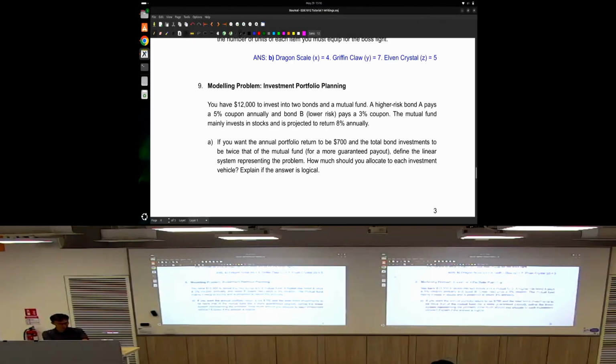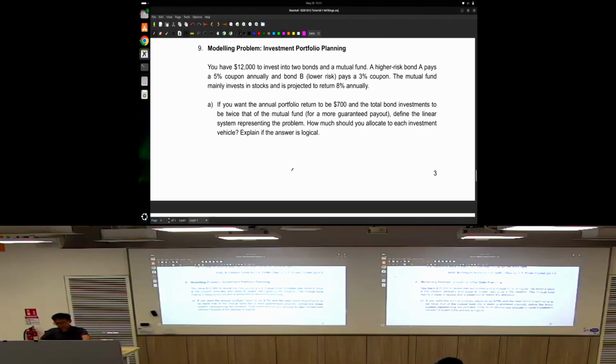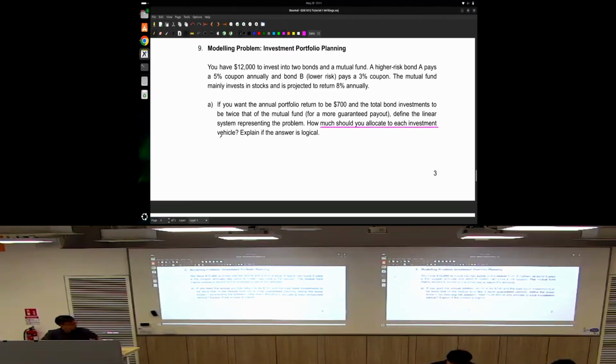Right. So I think we go through. Similar to earlier modeling problems, first of all, you need to define the unknowns. The unknowns here are how much you should allocate to each investment vehicle. So the allocation to each investment is your unknown.